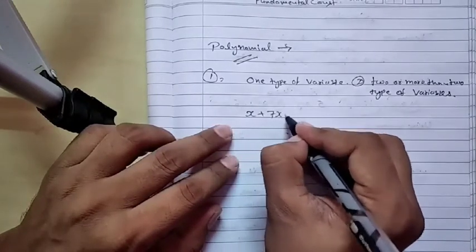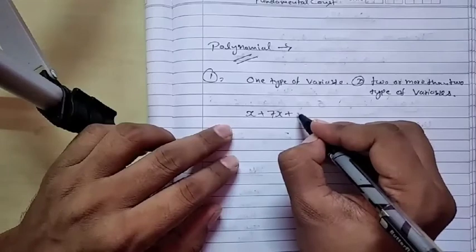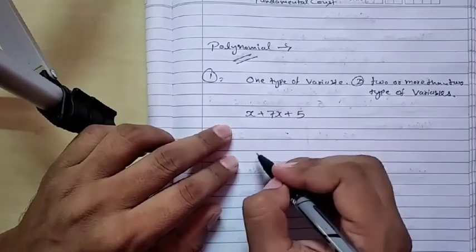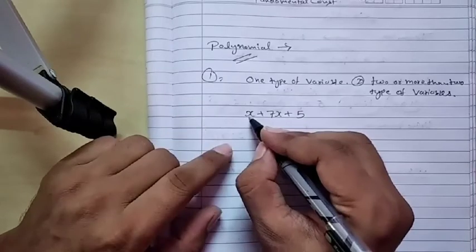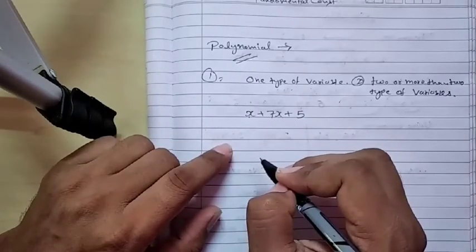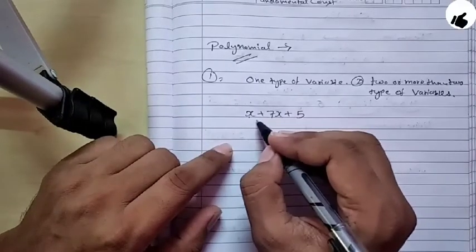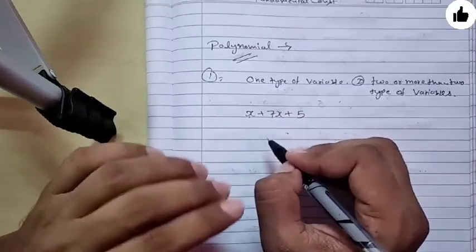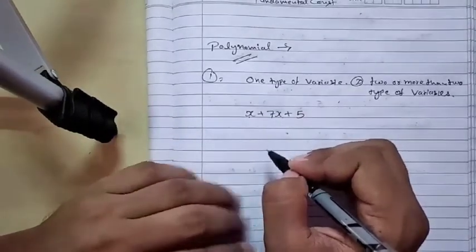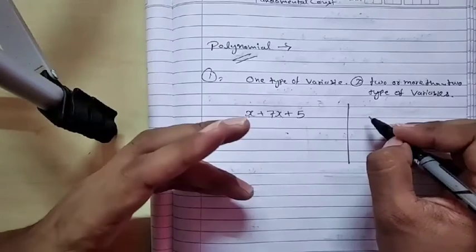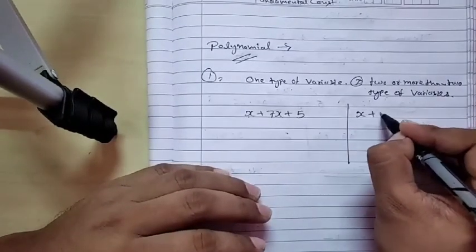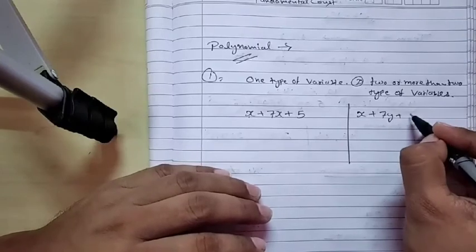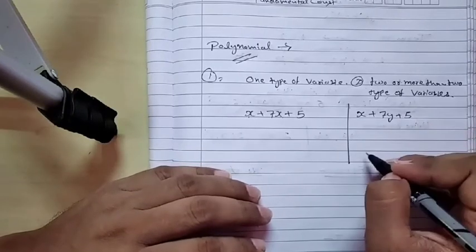plus 7x plus 5. So you can see here only one type of alphabet is there, x. Okay, so one type of variable means only one type of alphabet should be there, and two or more than two types of variable, like x plus 7y plus 5.